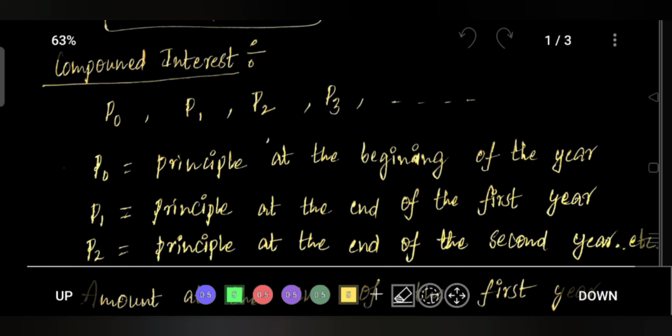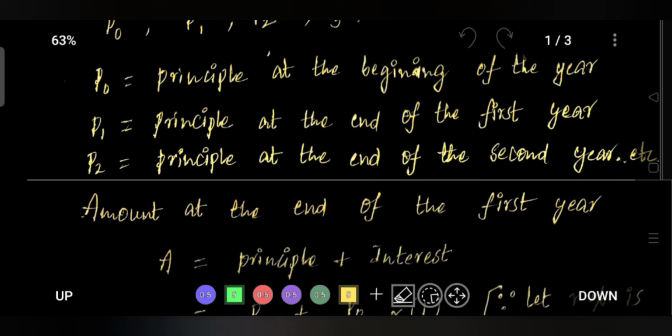I consider P1 as the principal at the end of the first year, or otherwise the amount at the end of the first year, or the principal at the beginning of the second year. For our convenience, I wrote here principal at the end of the first year.